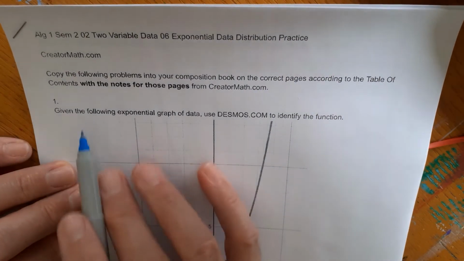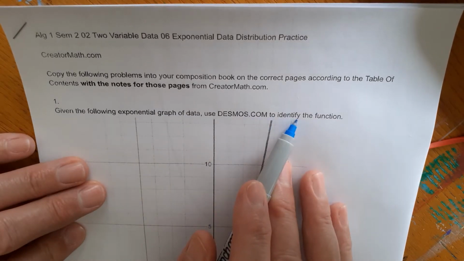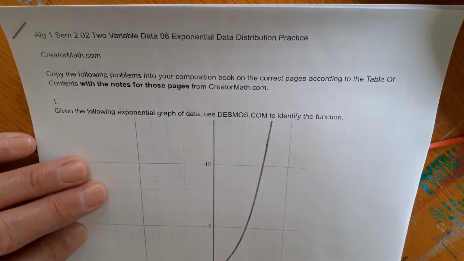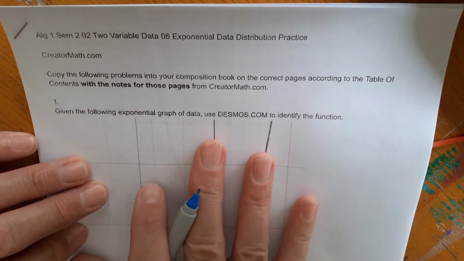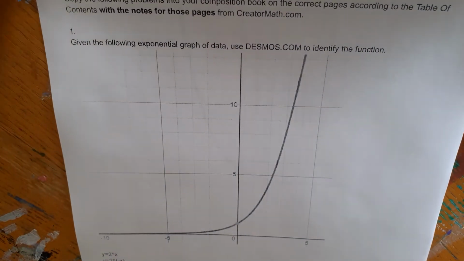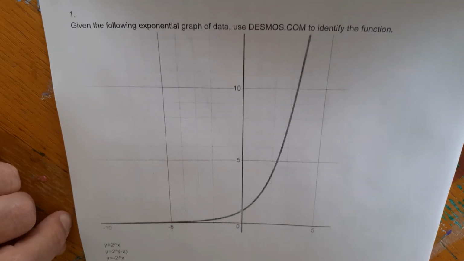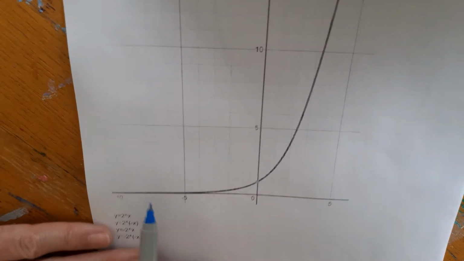So this one says, given the following exponential graph of data, use Desmos.com to identify the function. I've got a printout from Desmos right here. That's where these are printed out from, this graph right here. I want you as a student to go to Desmos.com and type in these functions down here.